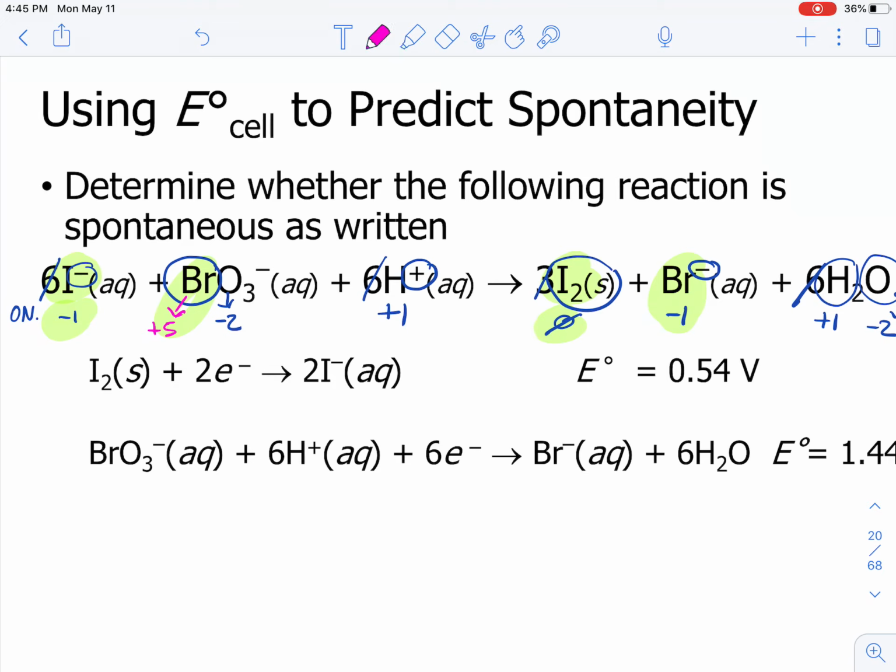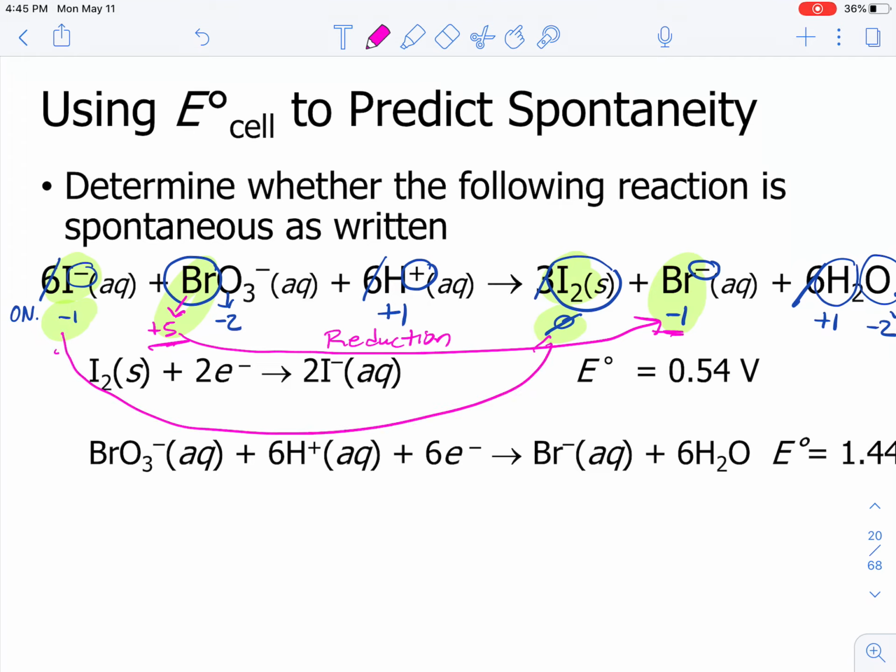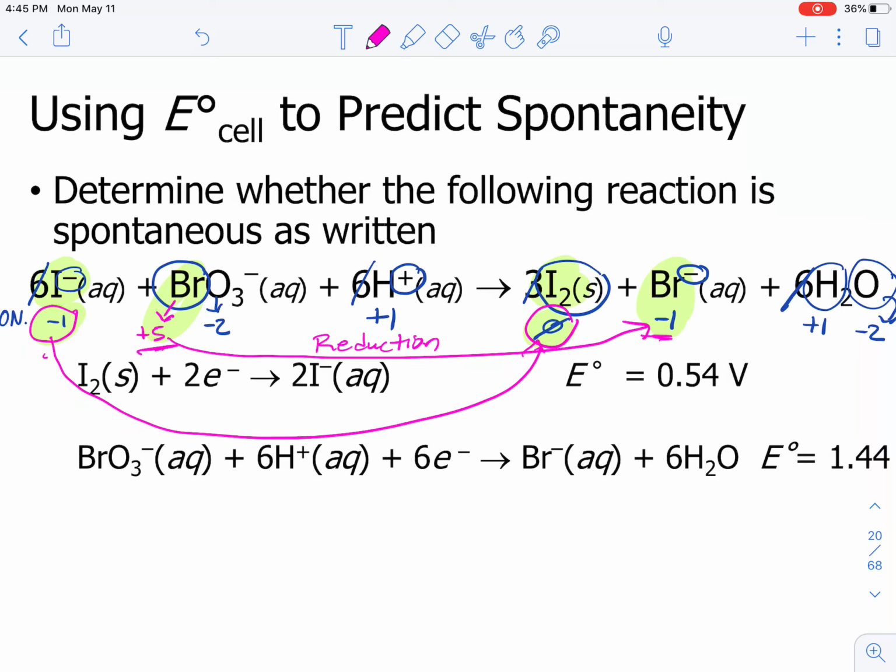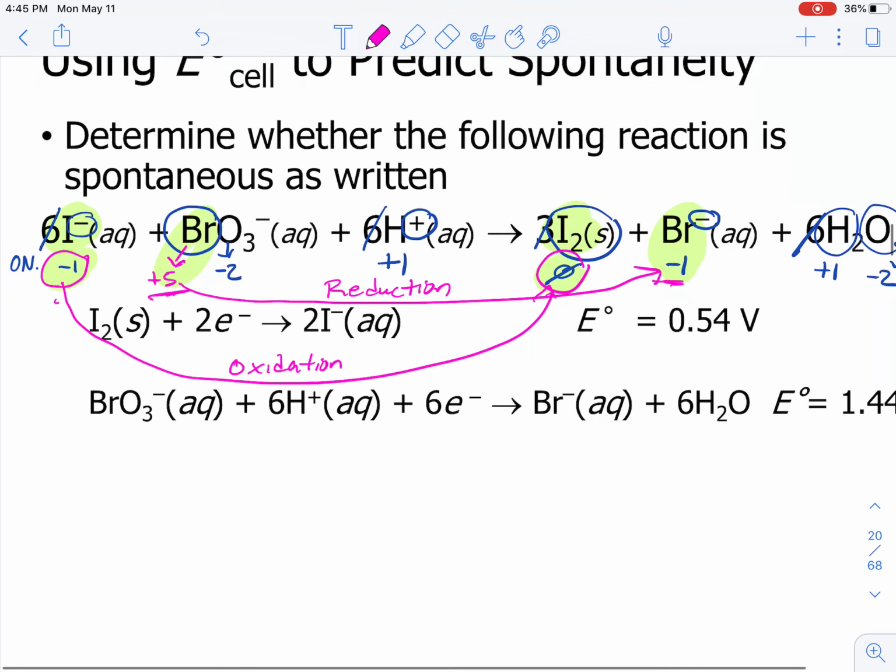If I compare the oxidation numbers, the numbers went down, and therefore this is undergoing reduction. If I look at iodine, notice that my number went from -1 to 0, so it's going up. My oxidation numbers are going up, and therefore the process reflects oxidation.